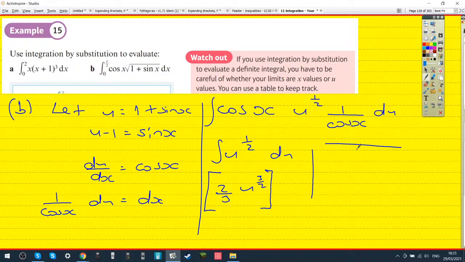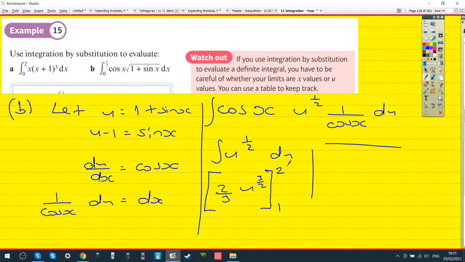And so now, for 1 plus sine of pi over 2, I got 2. And the other one will be 1 because it'll be 1 plus sine of 0, which is 0.